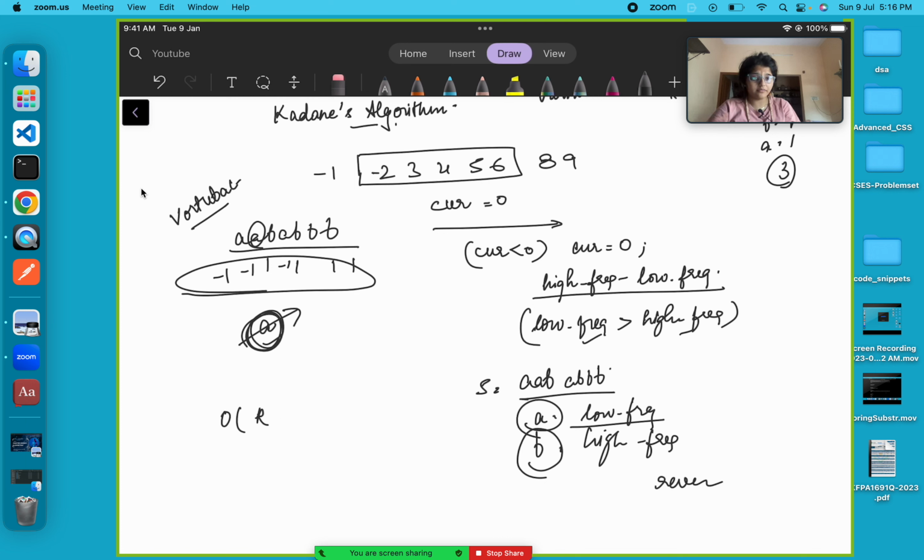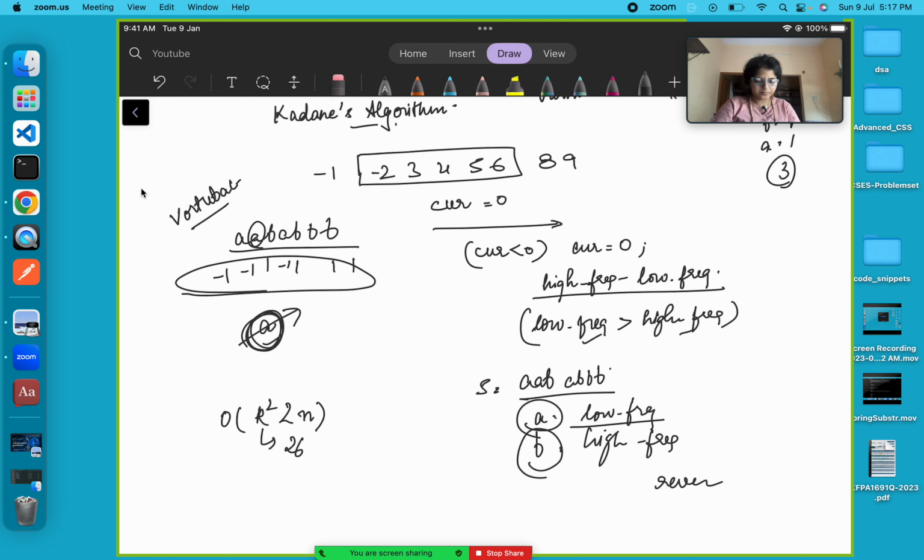If your string has k distinct letters, at most 26, only small letters, then k squared for trying all the pairs, and n for checking a string, then reversing the string and checking again.